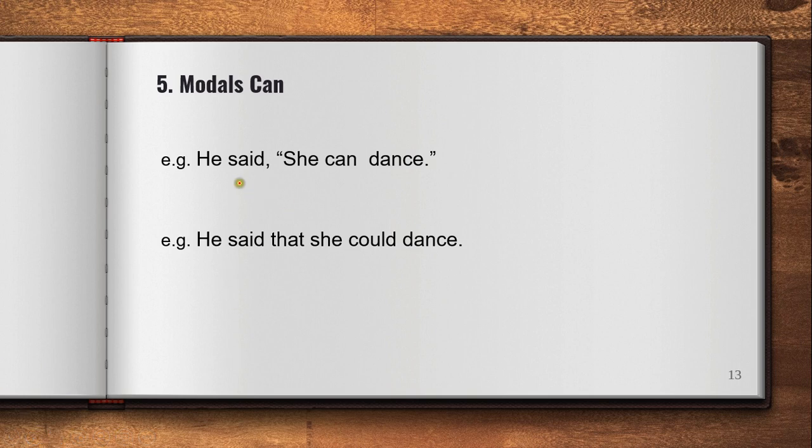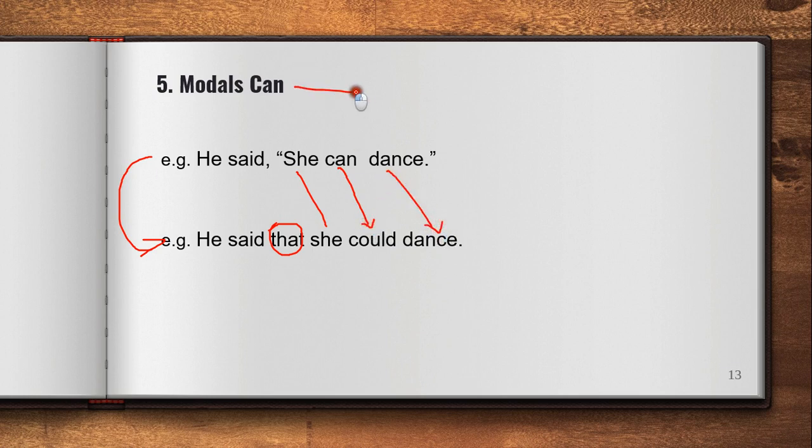He said she can dance. Okay, she can dance. So in here, if you want to change into the indirect speech, he said, don't forget, you have to add that she, change can to be could dance.